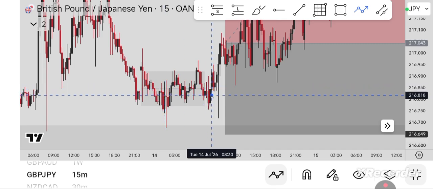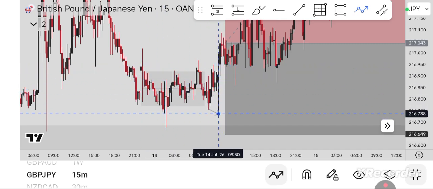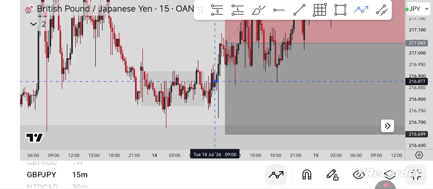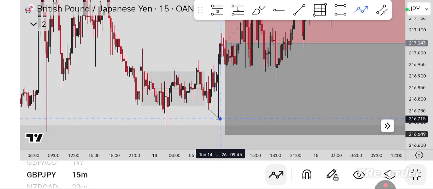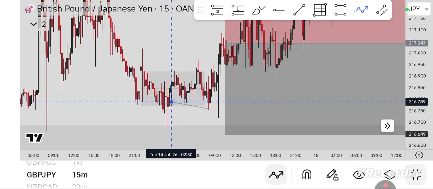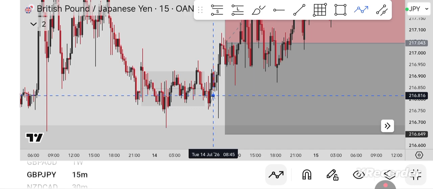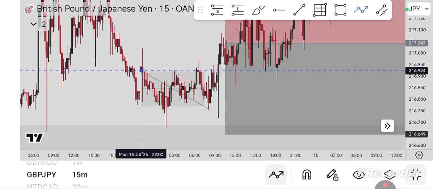After the market created the liquidity, look at this black candle, this long wick. You can see the way the wick came down to liquidate all these lows, and went up and broke above this range.